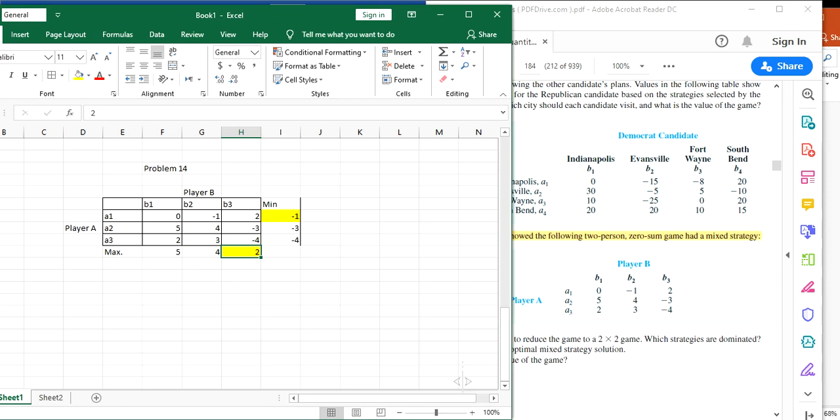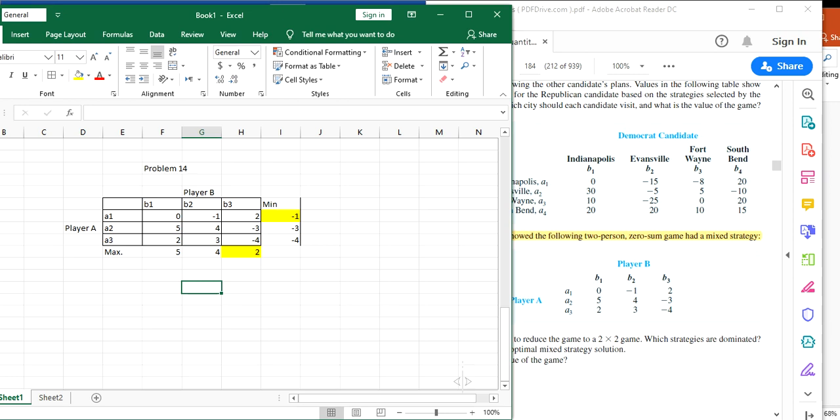If it's equal, it means we apply pure strategy, but if it's not, we apply mixed strategy. Since we have 3 by 3, we look for dominant strategy, and let's see which one is dominated by which one.